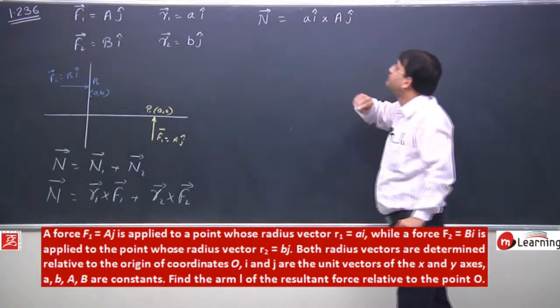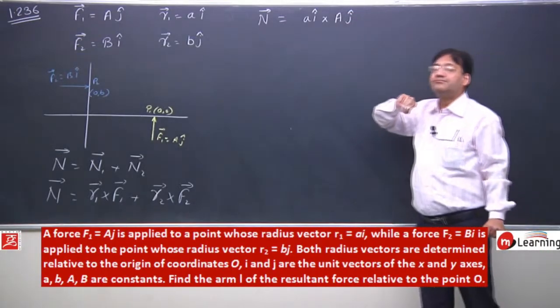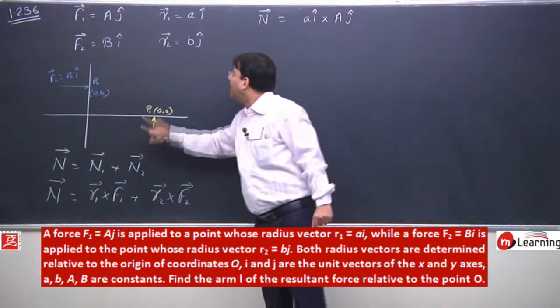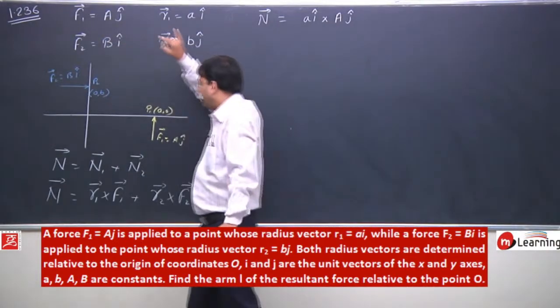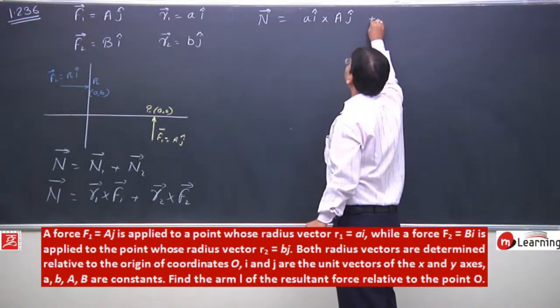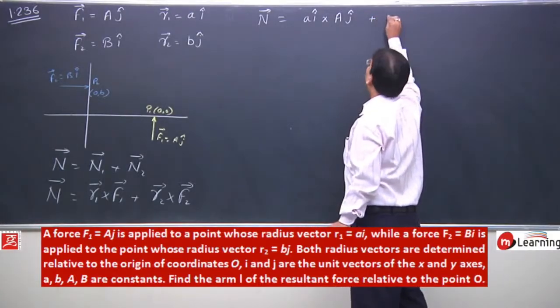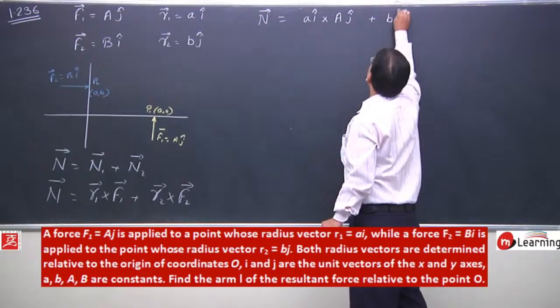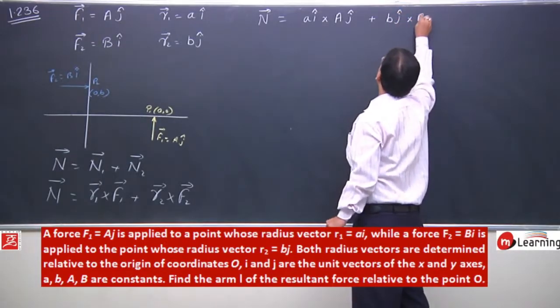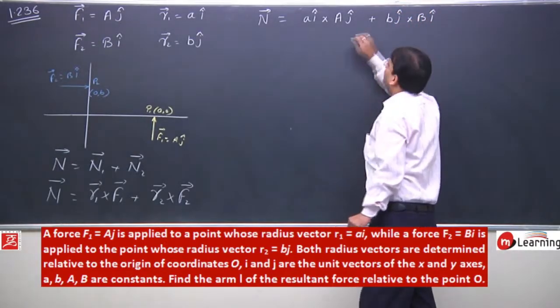This is R1 cross F1. Then plus R2 cross F2. R2 is BJ cap, cross F2 which is BI cap.